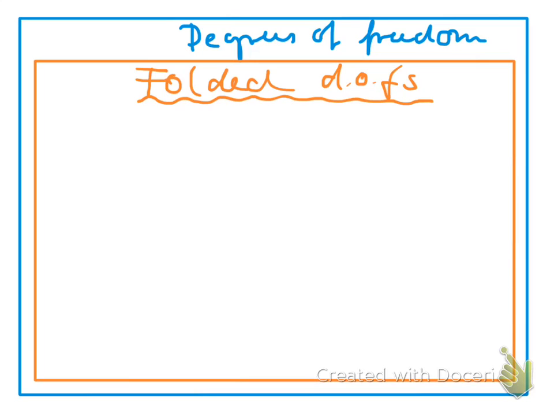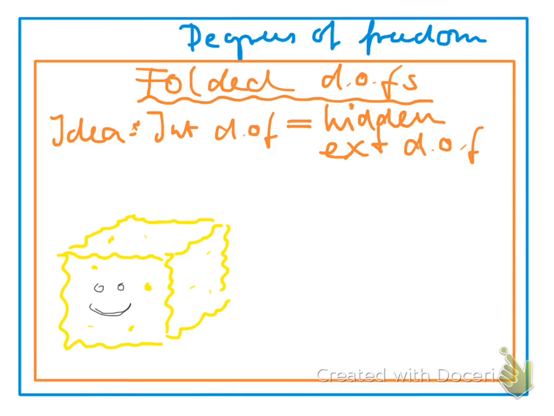So we're constantly trying to get rid of internal degrees of freedom by explaining them with what goes on in the external world. The idea is that every internal degree of freedom is really just a hidden external degree of freedom, and the same really happens here as well.